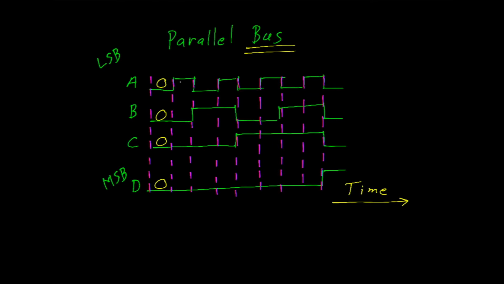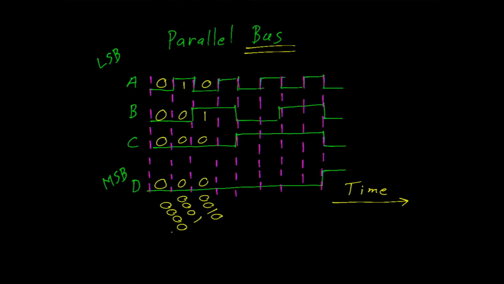In the second slot, we see A is 1, all others are 0. In the third slot, A is 0, B is 1, and so on. So we move from 0, 0, 0, 0 to 0, 0, 0, 1 to 0, 0, 1, 0, and I think you can see the pattern there.